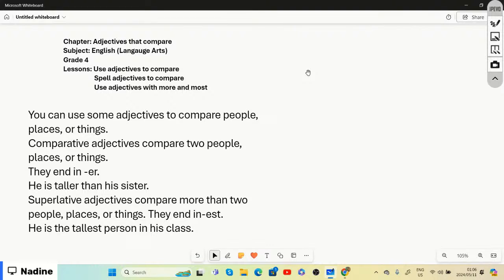So when it comes to adjectives, we have comparative adjectives, and then we also have superlative adjectives.